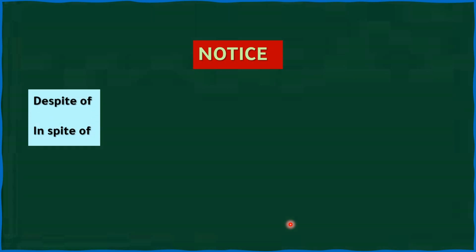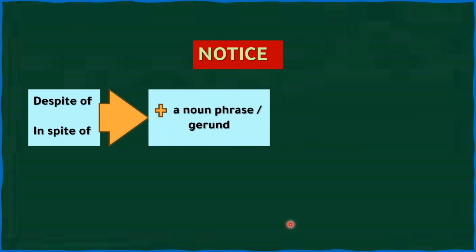Look at this notice. The note says "despite of," "in spite of," plus what? Plus a noun phrase. A noun phrase means a noun plus a modifier, for example, a cat, the door, the blackbird, the teacher, an umbrella.